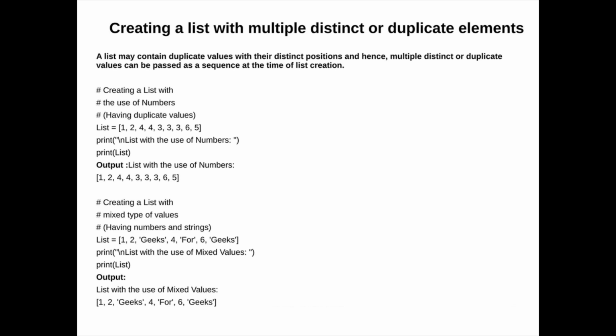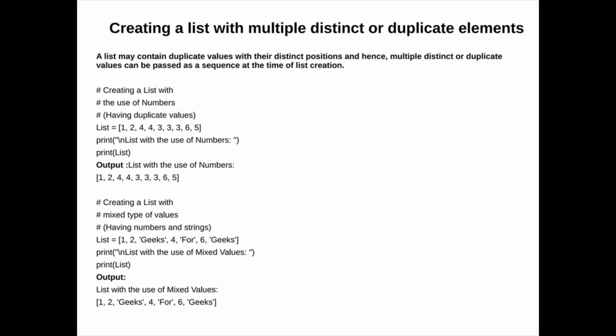Now I want to create the multiple distinct values. Here the list is assigned in the square brackets using numbers. Print of list using numbers. So it should be displayed in the output with the numbers 1, 2, 3, 4, 5, 6, and so on.